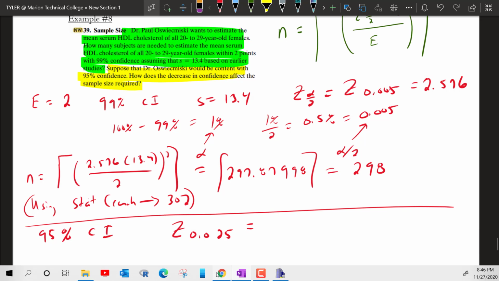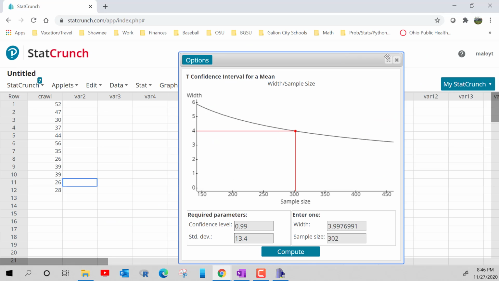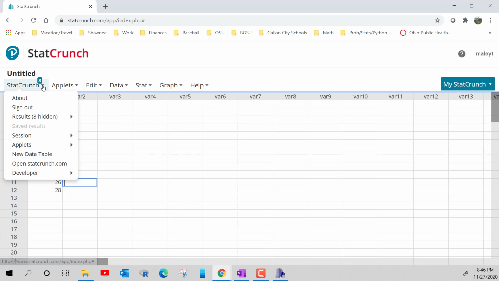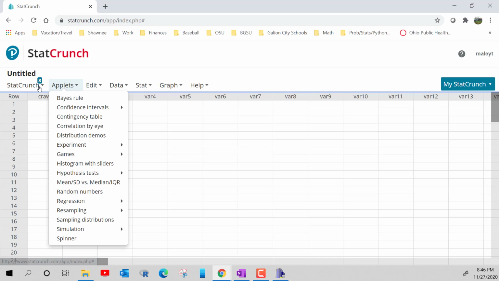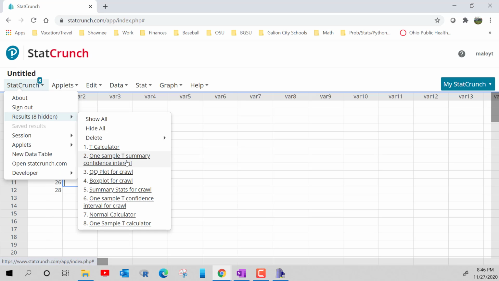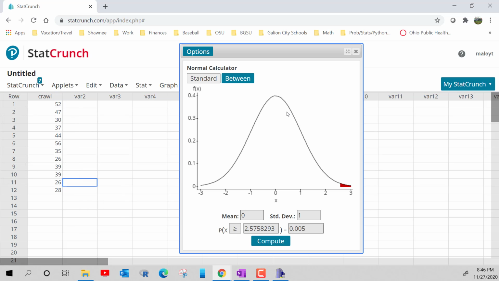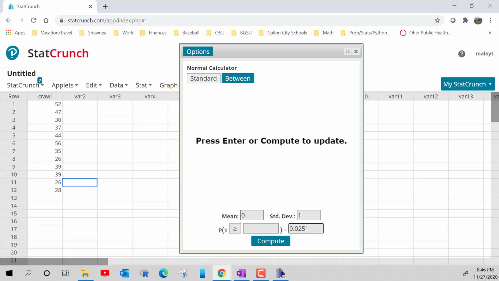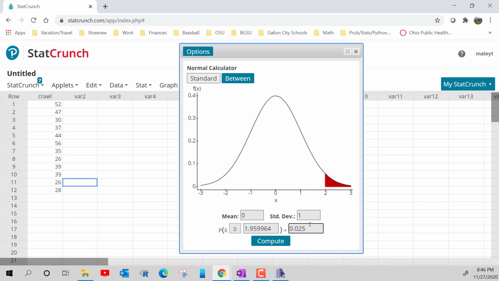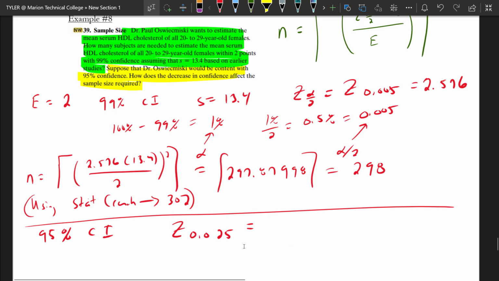So I need to be at my normal calculator. I want this area to be 0.025, and we get 1.96 roughly, right? Which, again, that one's pretty popular. You should begin to know that one by heart.